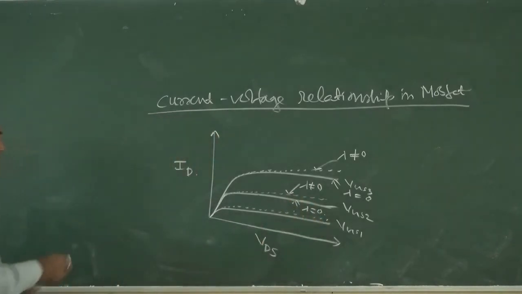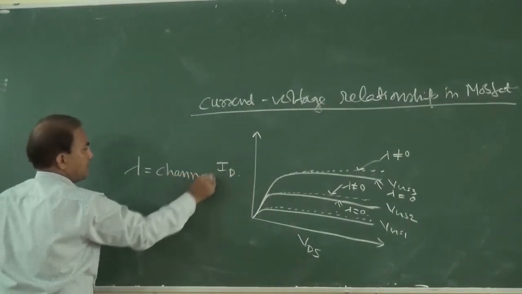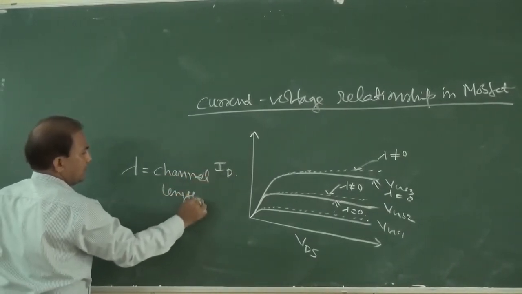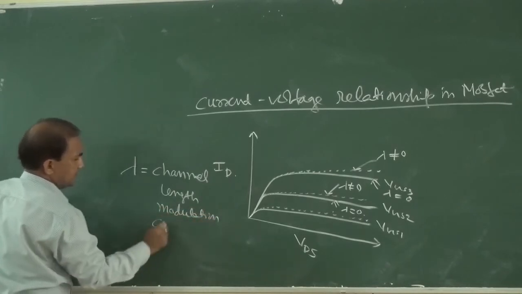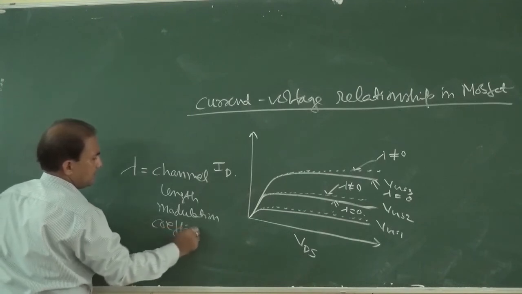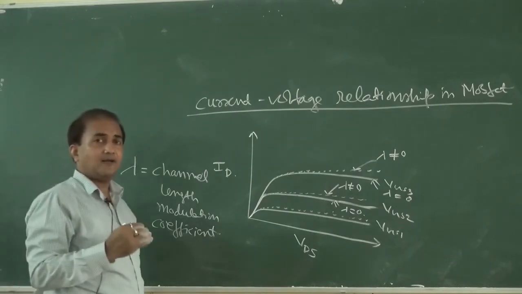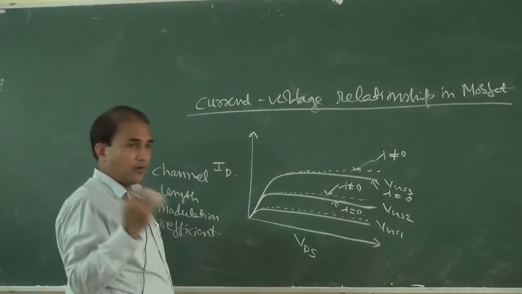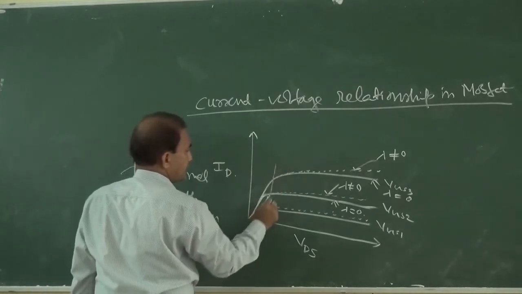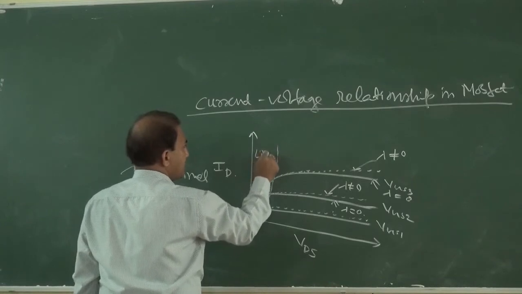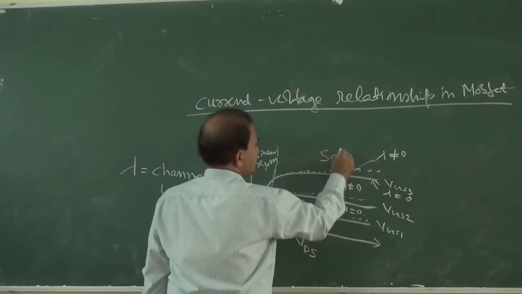And what is this lambda? Lambda is the channel length modulation coefficient, and this channel length modulation coefficient occurs only in saturation mode. You can see this is the linear region and this is the saturation region.